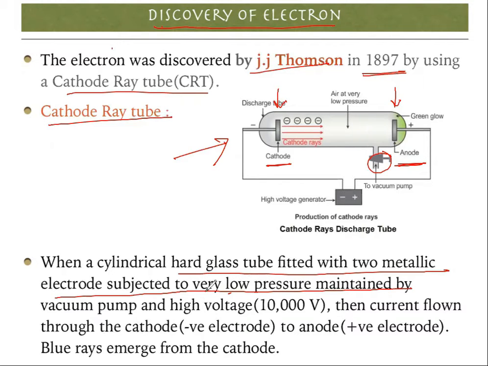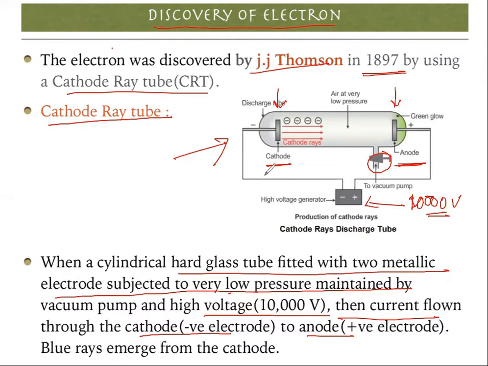And a power supply of 10,000 volt battery was introduced. Then the current flows from the cathode to anode. So this one is the cathode, and from the cathode to anode the current is flowing.